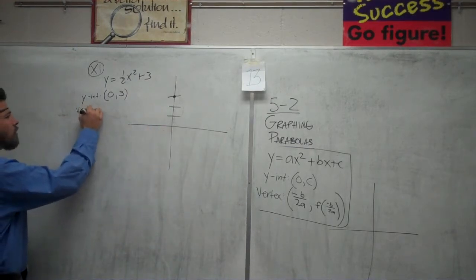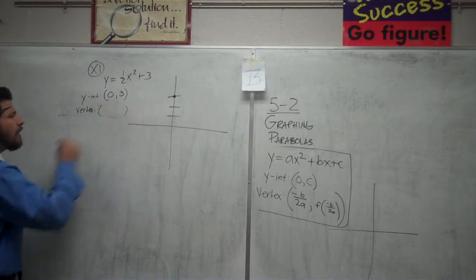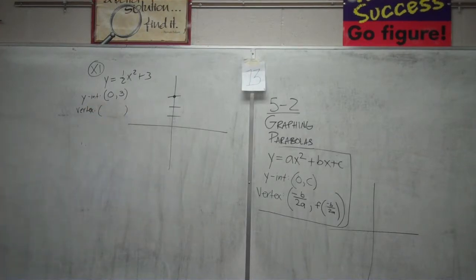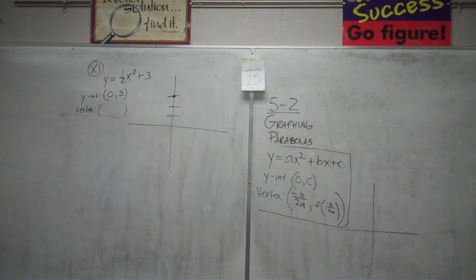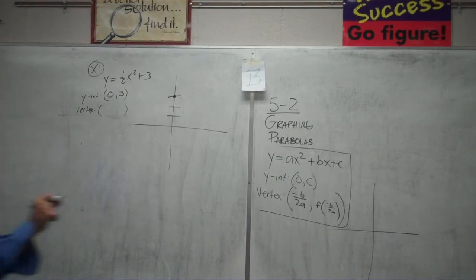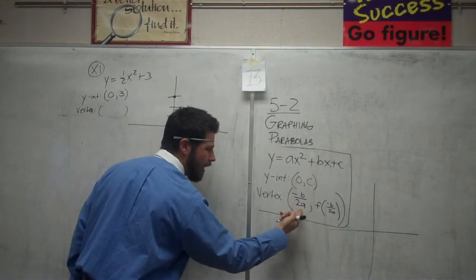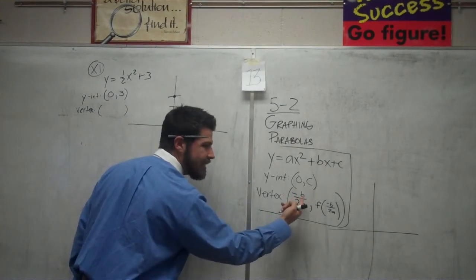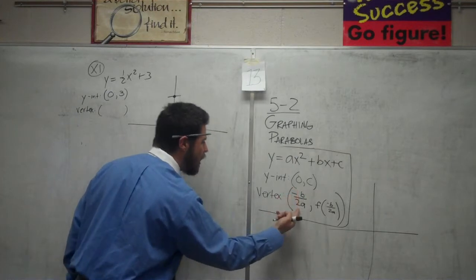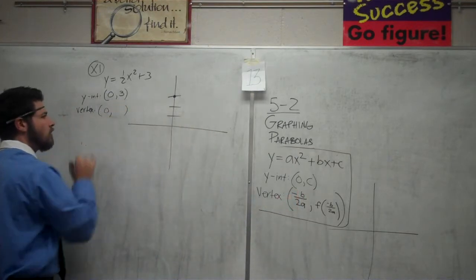Now, this one is going to be a special case because let's find the vertex. The vertex is found at -b over 2a. What is the b value? 0, right? So what this would be is -0 over something, and -0 is just really 0, and 0 over anything is really just 0.